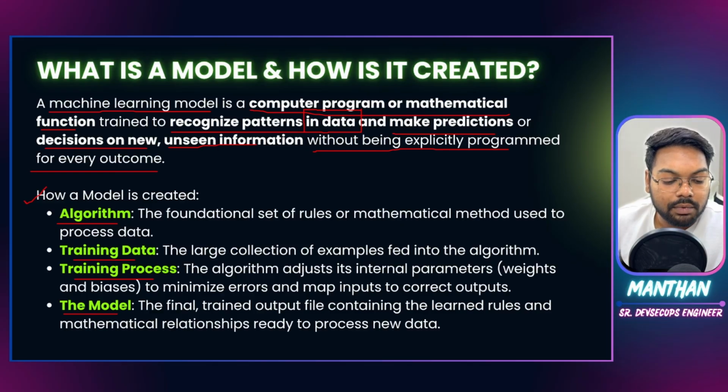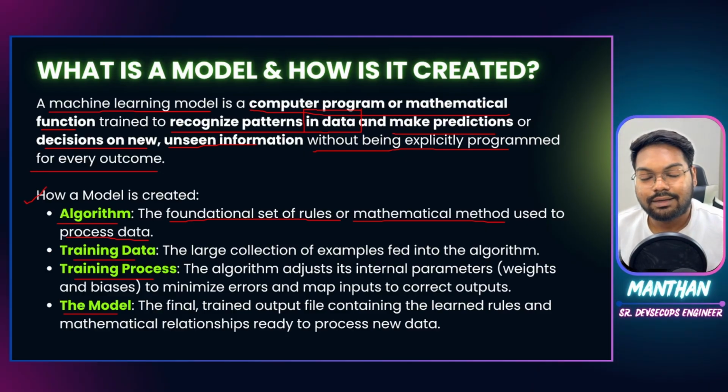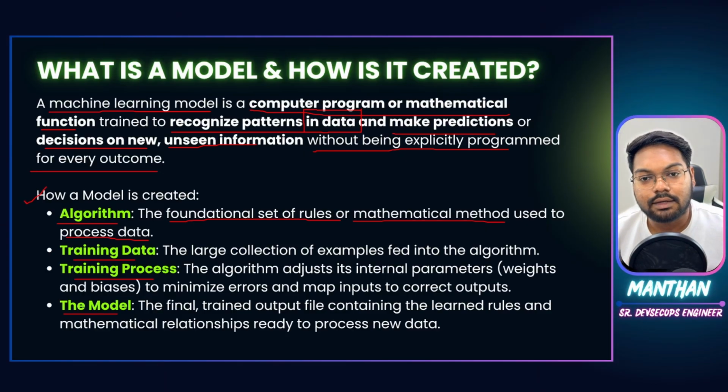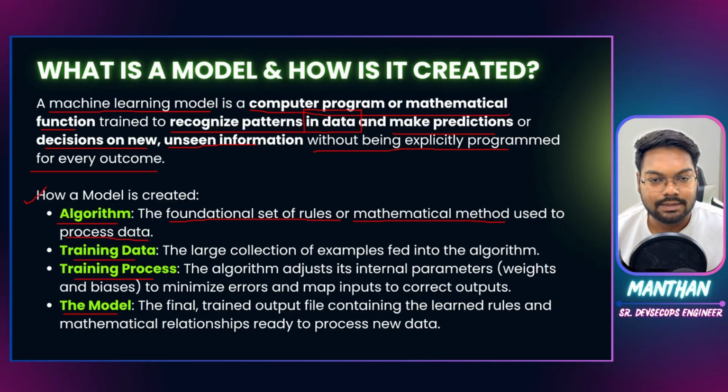So the algorithm is the foundational set of rules or mathematical methods used to process data. Let's say we want to feed certain text to a computer program and ask it to store that text. Once that text is stored, we will ask it, hey, what do you know about, let's say, India?